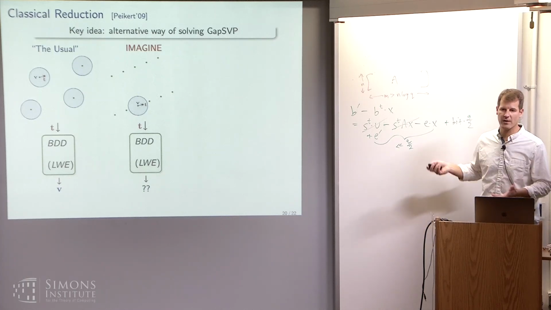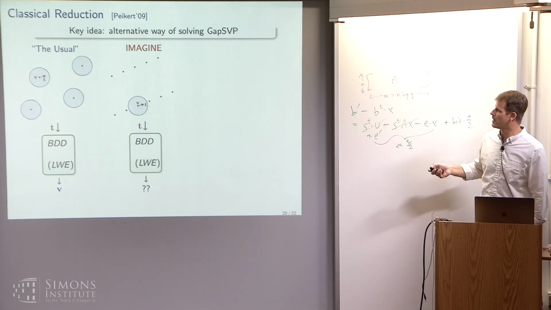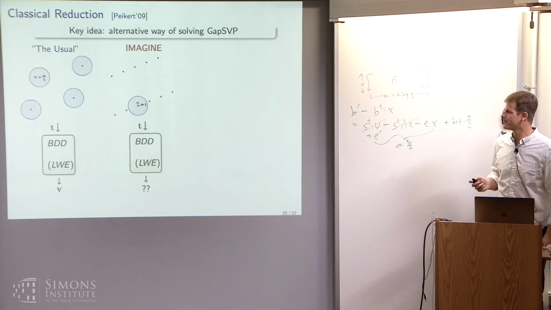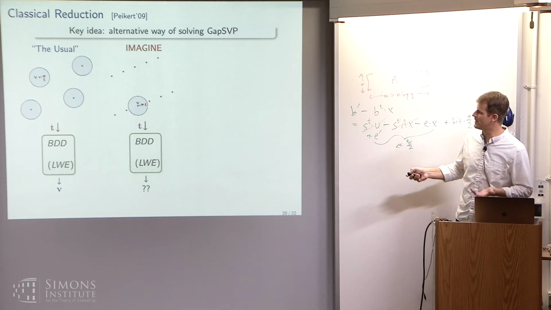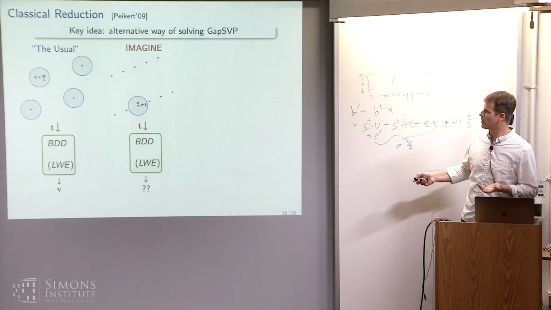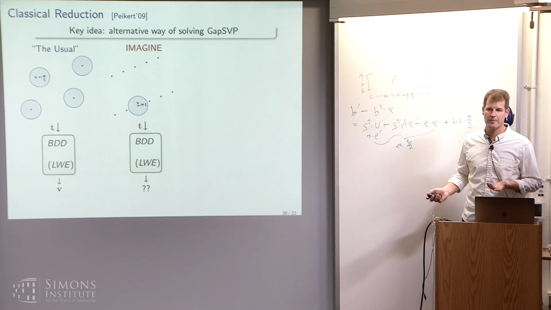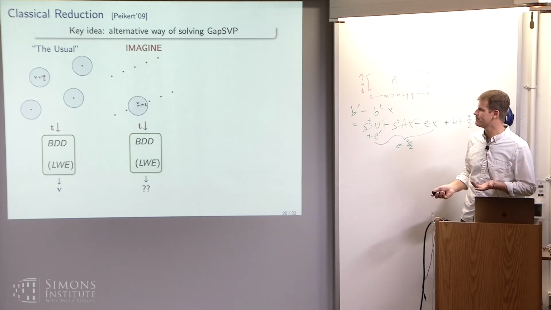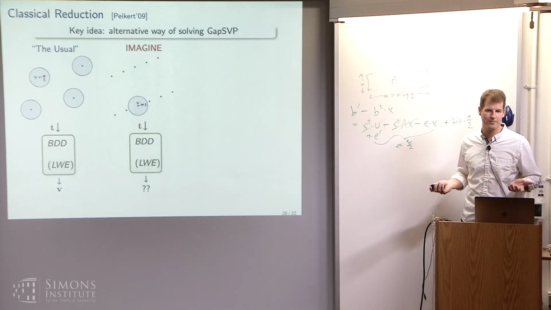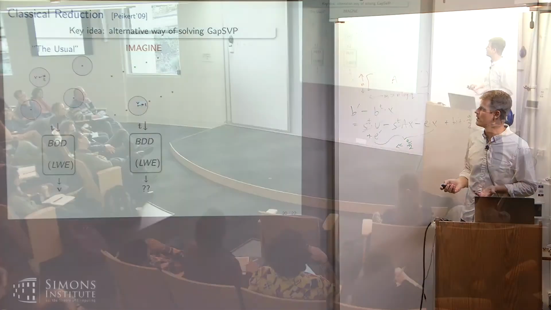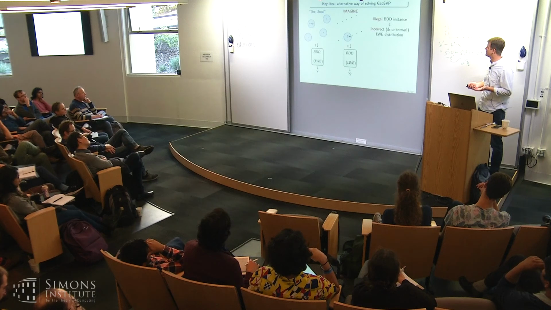So imagine doing the exact same process on a lattice that has such a small minimum distance. You start with V, you add some T, you invoke the oracle. What does it tell you? Well, the key insight here is that there's a few things wrong with this.